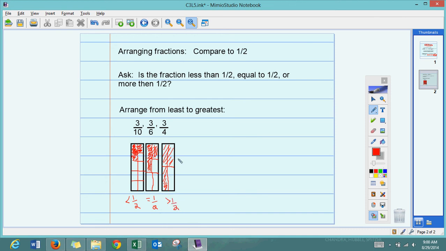So to arrange these fractions from least to greatest, you would put the 1/2 right in the middle, so 3/6. The less than 1/2 would go to the left, 3/10, and then more than 1/2 would go on the right, so 3/4.